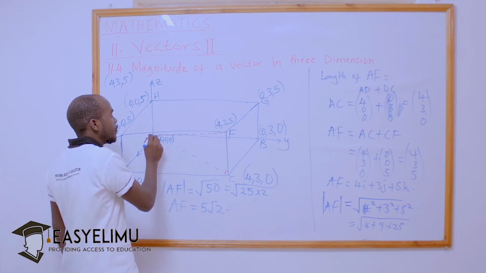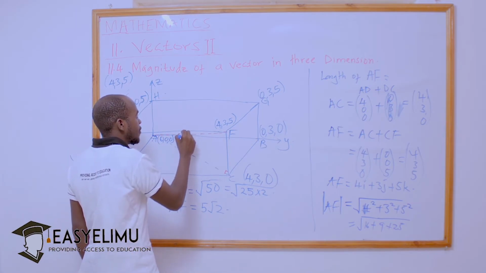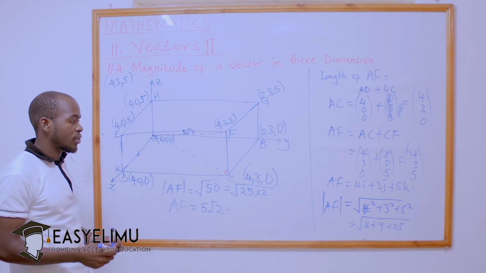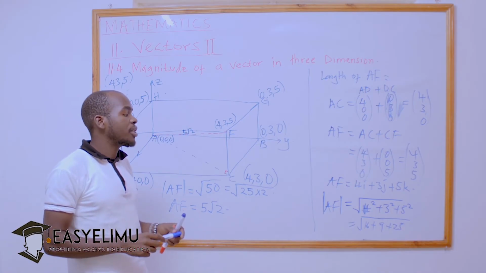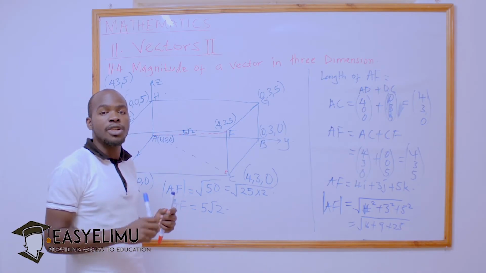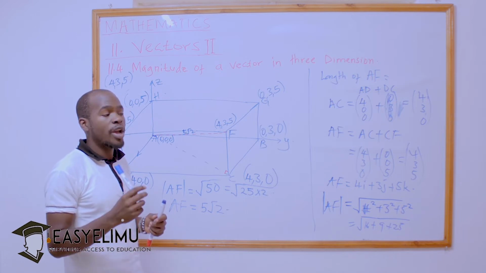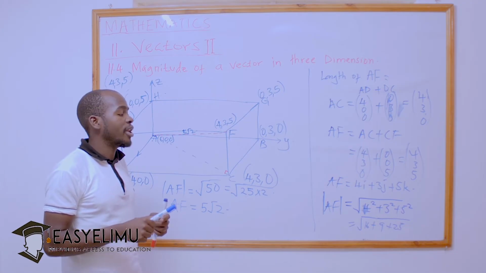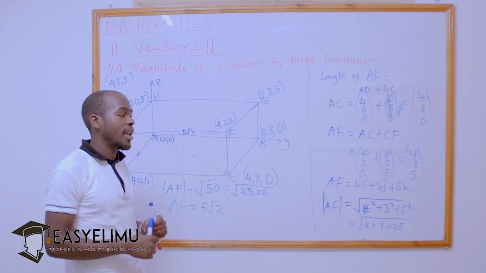So the length of this line from A to F is 5 root 2. That is what we obtain by calculation. So that is how we find the modulus. If you have it in 3 dimensions, you take the coefficient of i and square it, the coefficient of j and square it, and the coefficient of k and square it. If you find the square root, you will have found the modulus or the length of that given value.